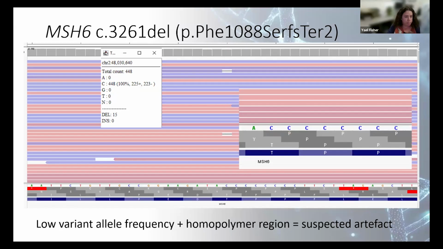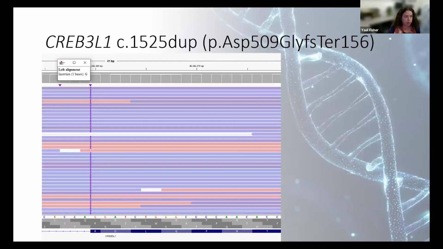Okay. So that was our third variant. And then we have our fourth variant that was a duplication in CREB3L1. So this is how insertions or duplications look in IGV. There's this purple I between the bases where the insertion happened.